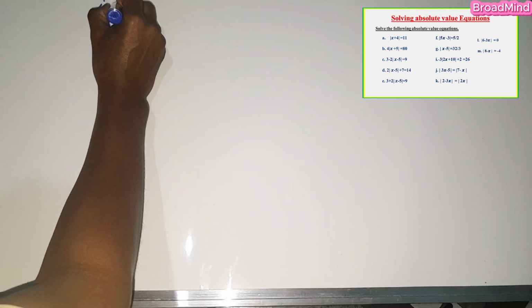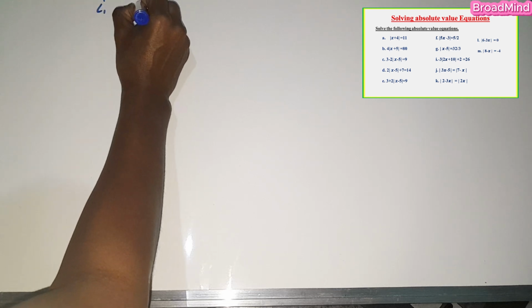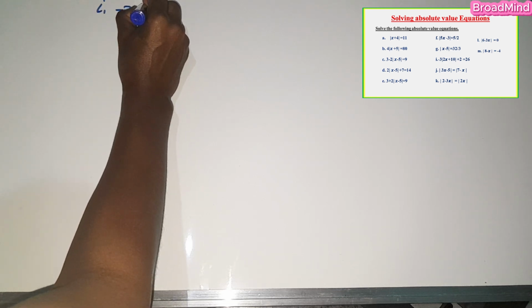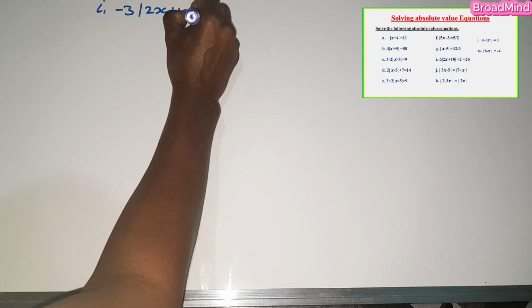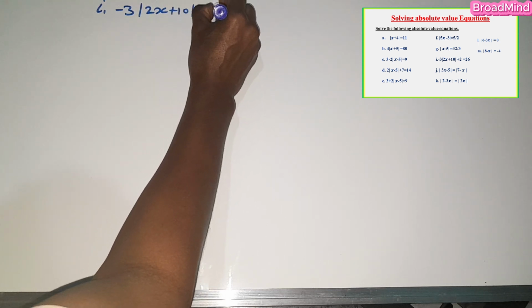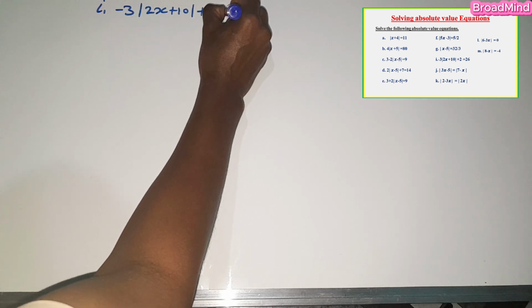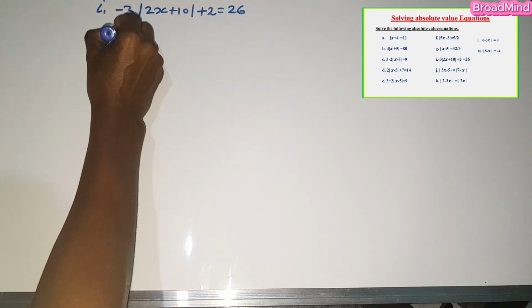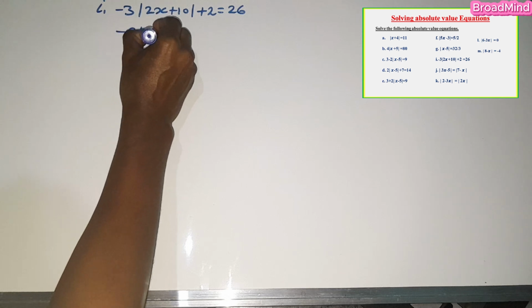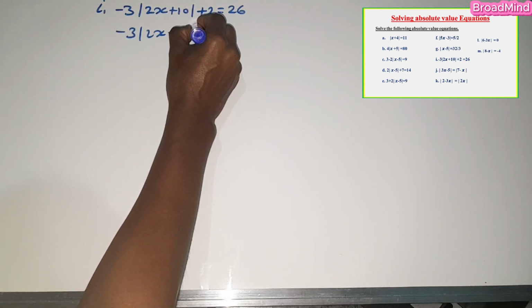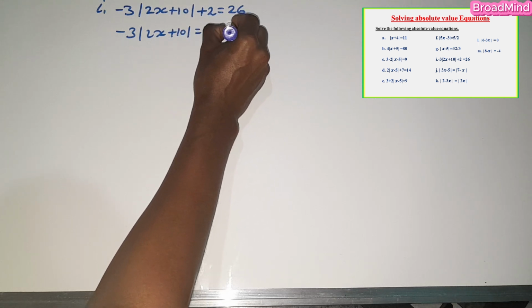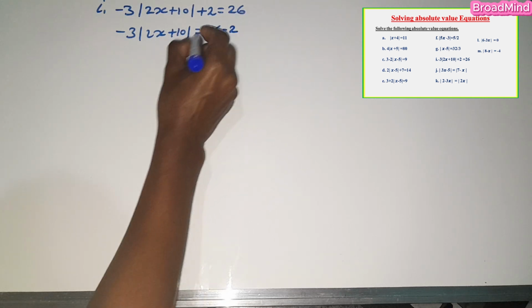Negative 3 absolute value of 2x plus 10, plus 2 is equal to 26.